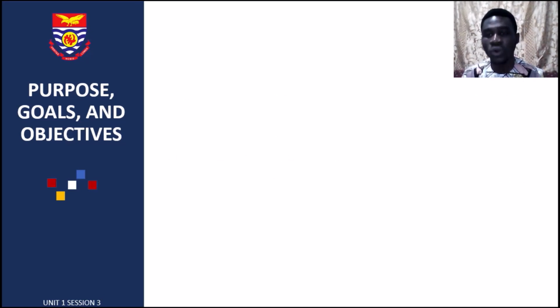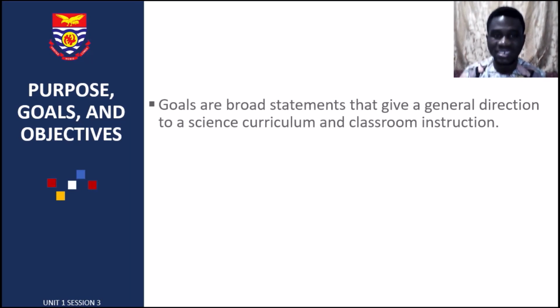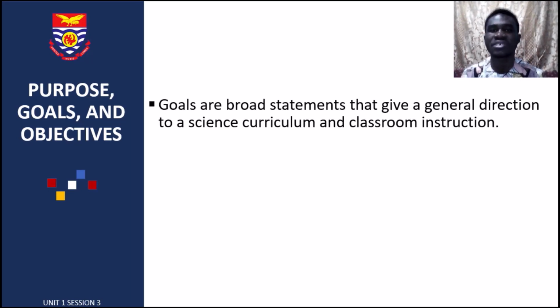And there are clear distinctions between goals and objectives. We know that goals and objectives are not the same, although they look similar. Goals are broad statements that give a general direction to science curriculum and classroom instruction. Although goals and objectives look alike, goals are broader than objectives.